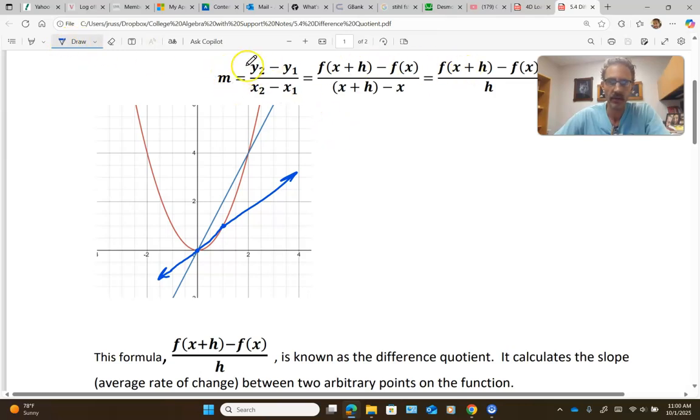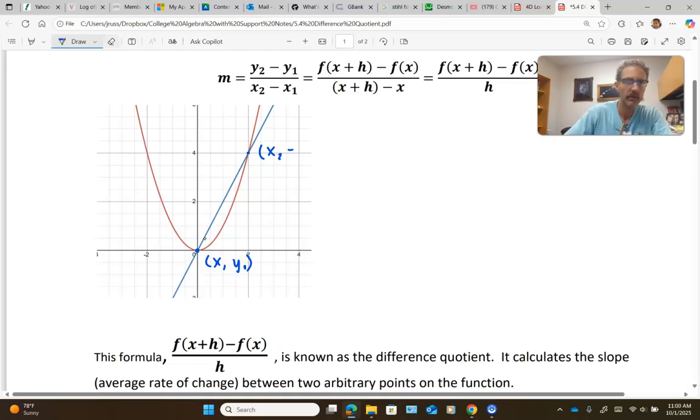And this is kind of what it looks like. It comes from the slope formula, if you remember. Let me erase part of this. Let's call this point down here at the origin x1, y1. And let's say that this point up here has coordinates x2, y2. I'll go ahead and put the commas in there.